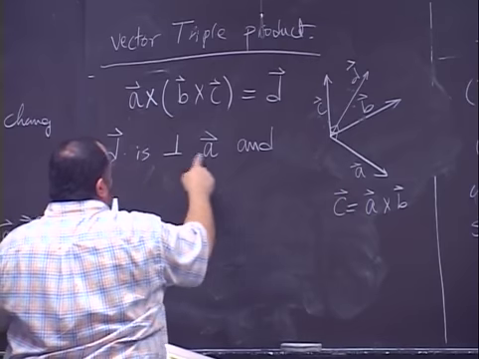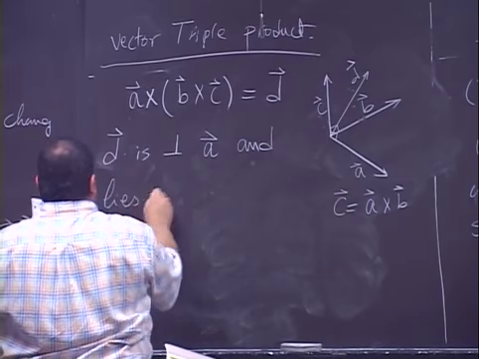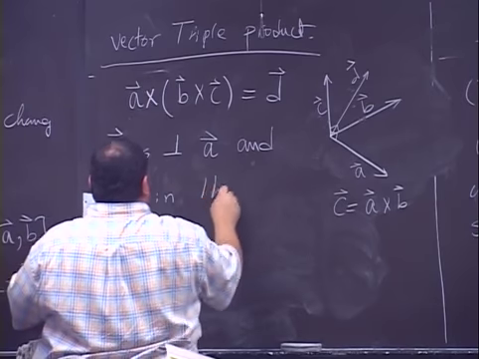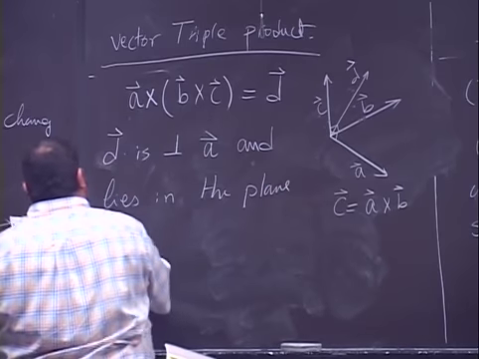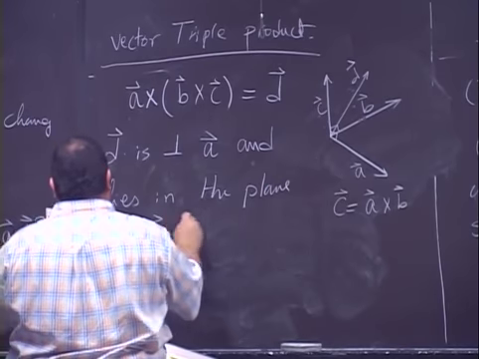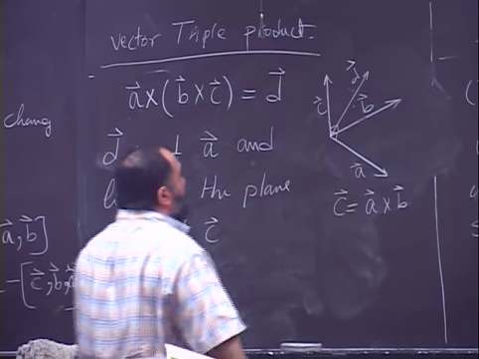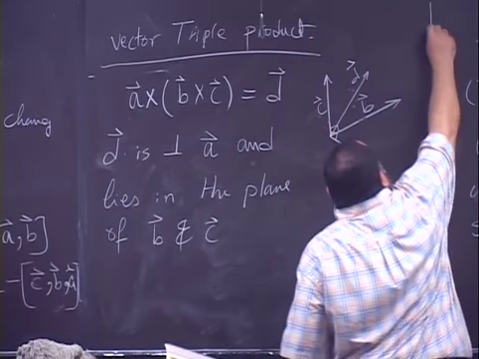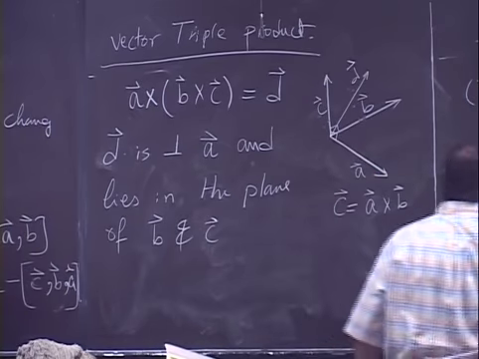So D is perpendicular to A and lies in the plane of B and C. So what are the properties of such multiplication?